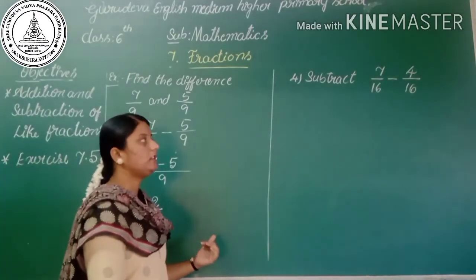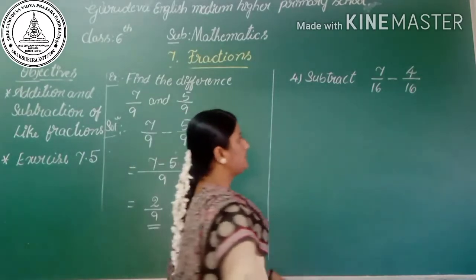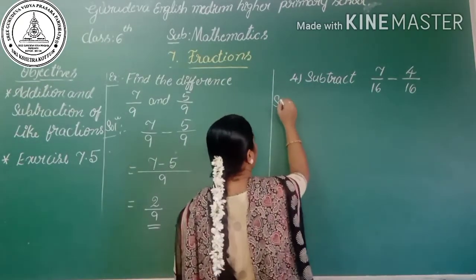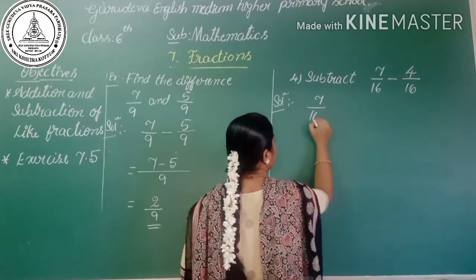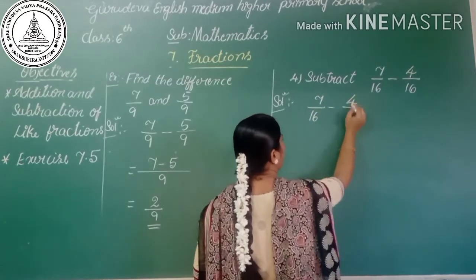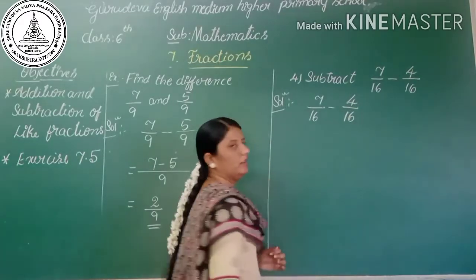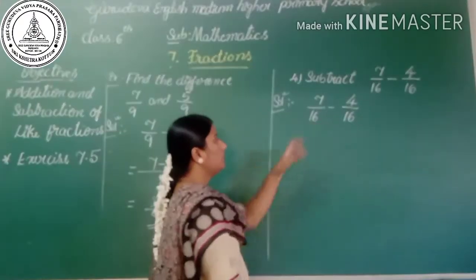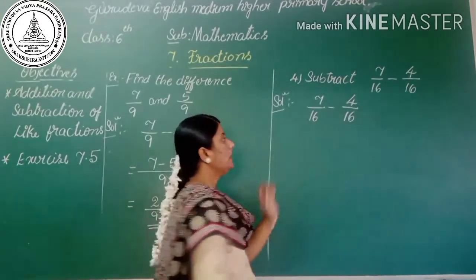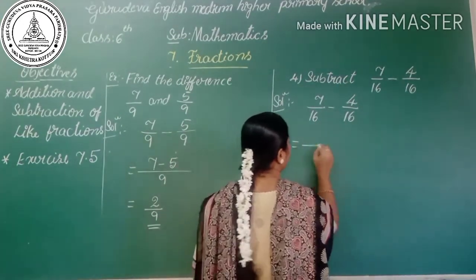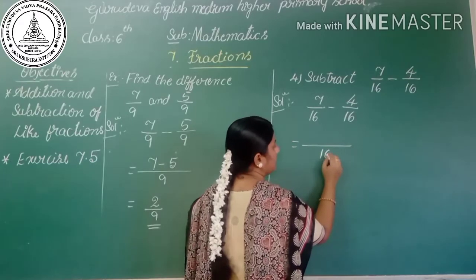Similarly, we have to do the next one. Subtract 4 by 16 from 7 by 16. In the solution, write the given problem as it is: 7 by 16 minus 4 by 16. Here both the fractions have the same denominator. In the next step, write the denominator as it is, 16.